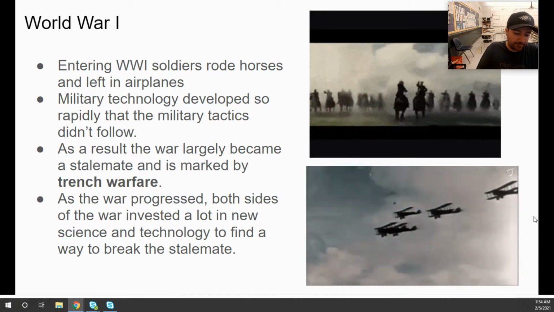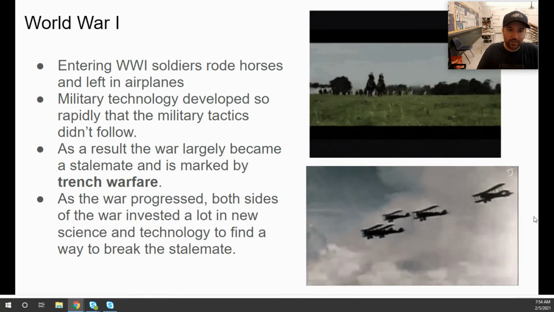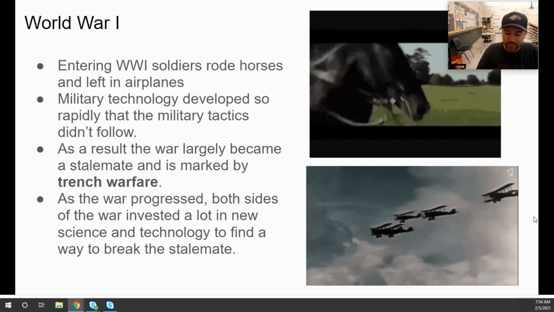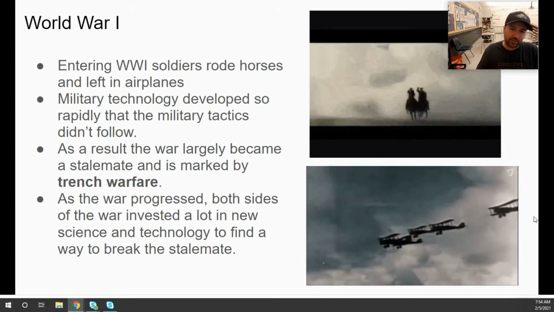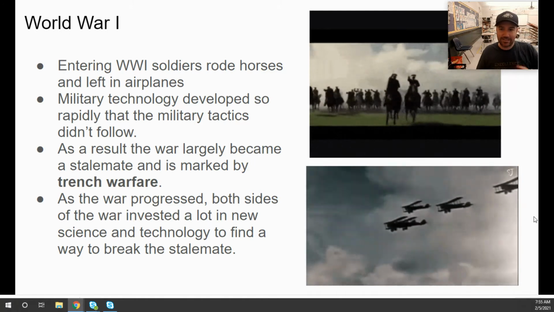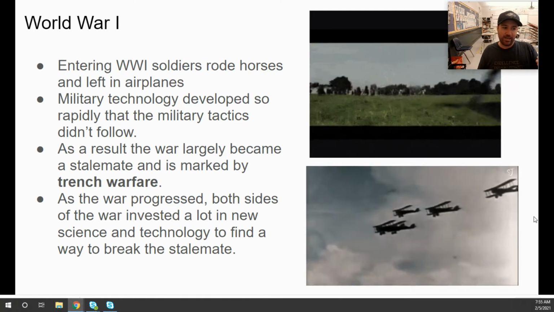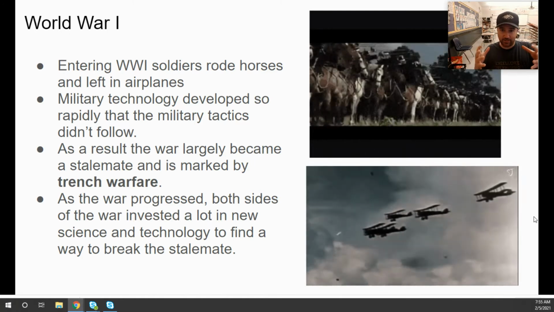It just doesn't pan out that way, and after a short time it ends up becoming a stalemate. Military technology just outpaces the tactics that were used.